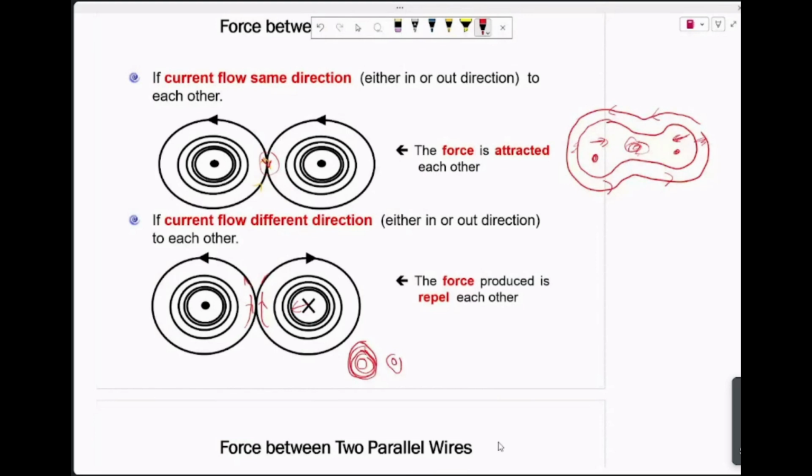Kalau tak ada kawan sebelah, it's going to be far. But because of the kawan sebelah ada, let me fix this one. Because of the kawan sebelah ada, it's going to be like this.